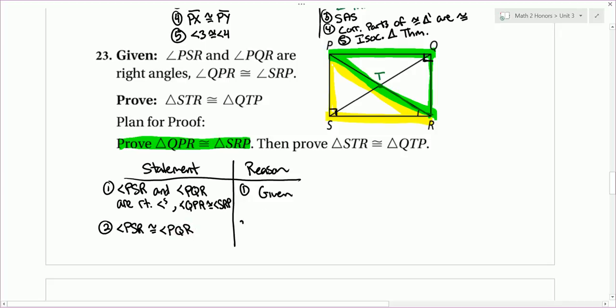Our reason, their measures are both equal to 90 degrees by definition of a right triangle, or sorry, right angle, not right triangle.